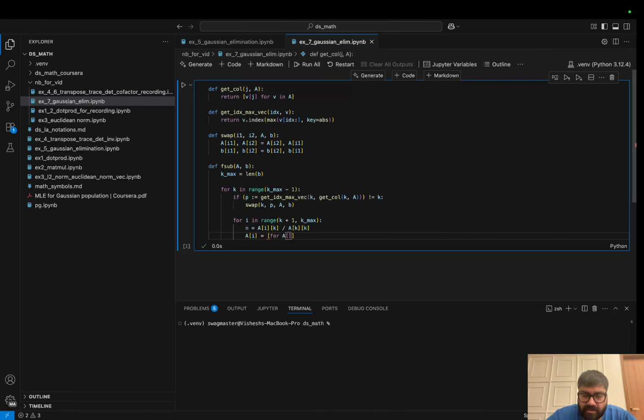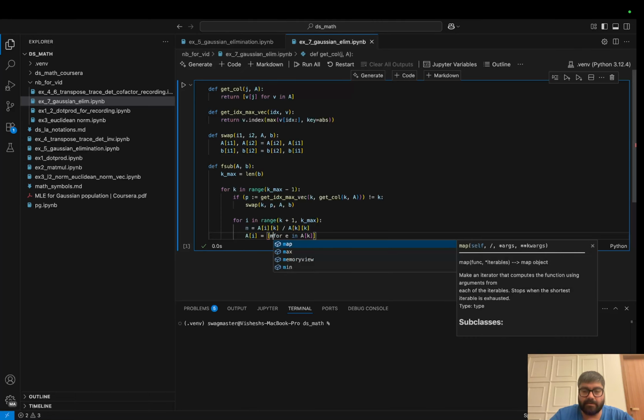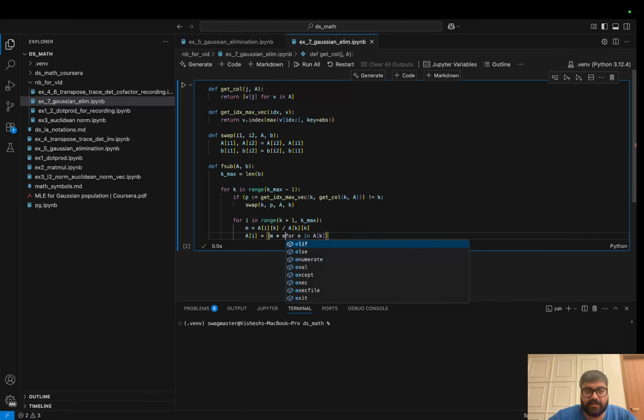We're iterating over A_k, that's for sure. For e in A_k, that's the elements, right? There's something small here that I'm immediately going to correct, but I'm going to pretend that I don't know that and just keep moving forward for a moment, right? So I'm going to do m times e.